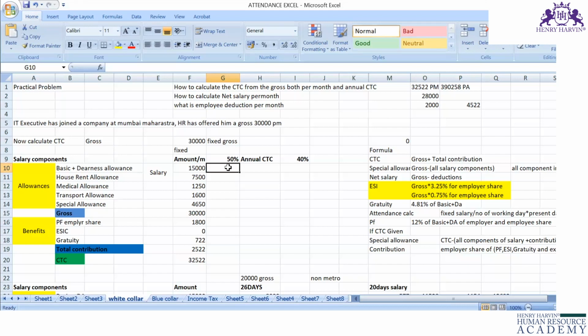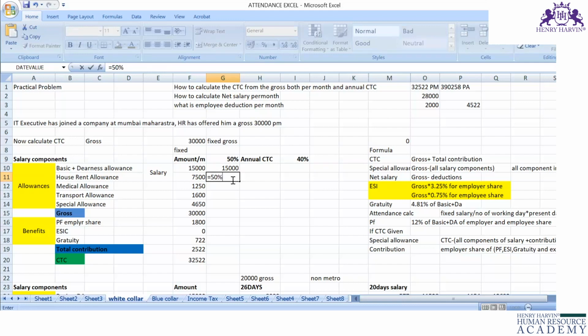If the employee is working in a metro city, then you have to calculate 50% of gross as basic plus DA. 50% of 30,000 is 15,000.